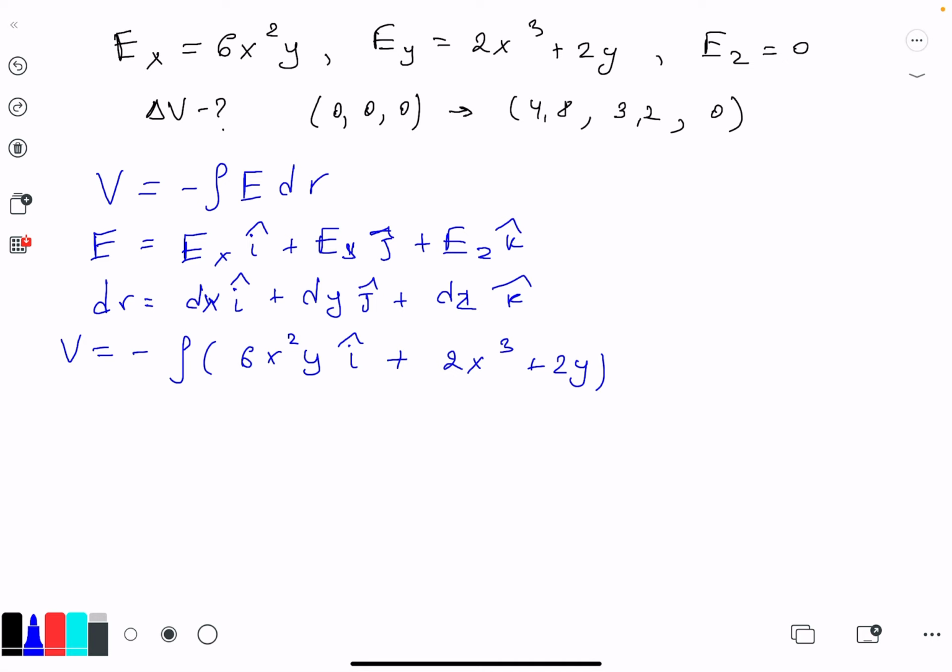This is our j vector, and then plus 0, which is our z vector, multiplied by the dr. dr is equal to dx i vector plus dy j vector, and the last one, dz k vector, is 0, so I don't need to put it.